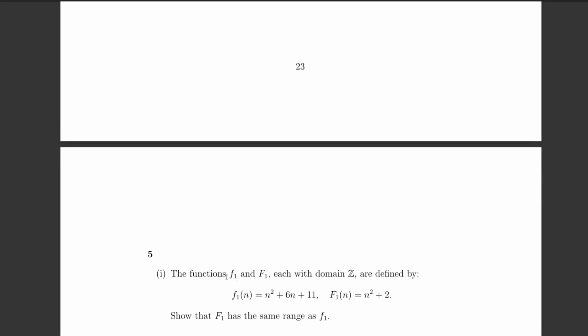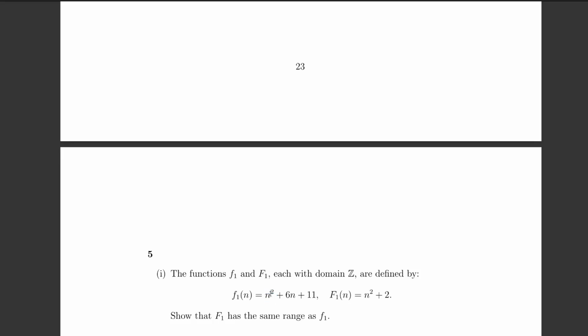So the first part tells us that they define two functions, saying that the domain is the set of integers, and then they define these two functions. They don't tell us anything about their ranges, but we can infer that if we're only working with integers here, then we're only ever going to output another integer, right?